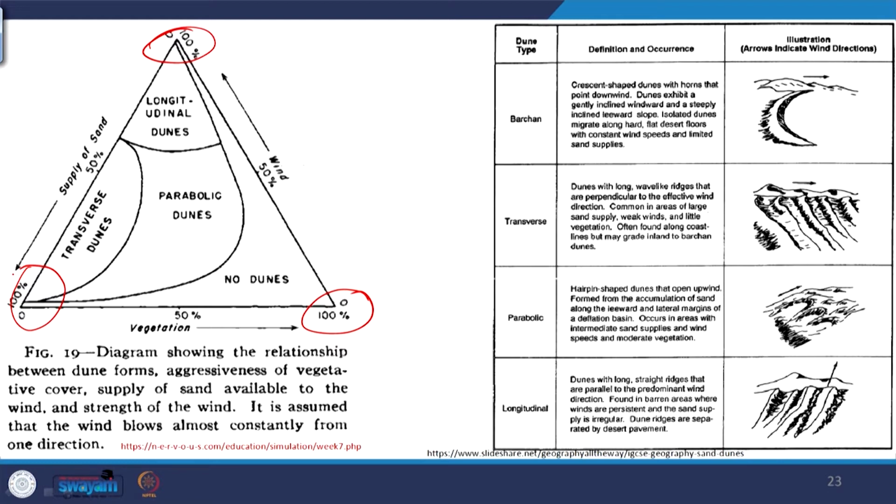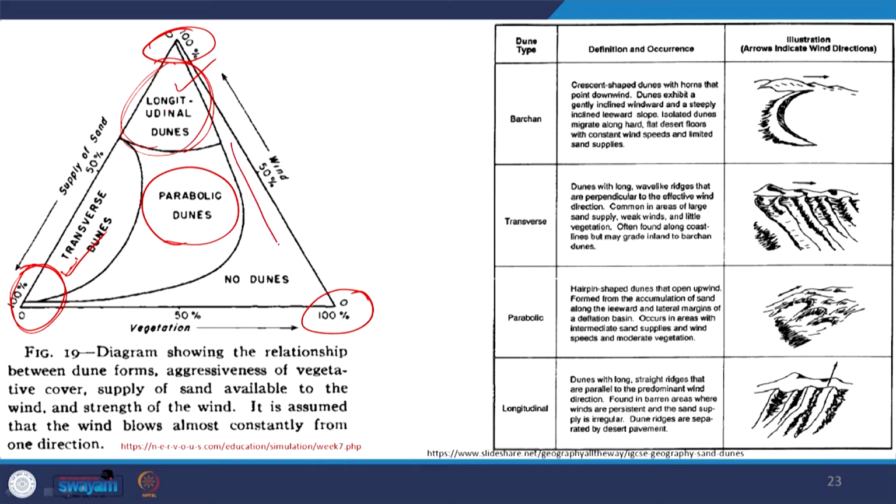Now, you see if we are confining ourselves to these two parts, here we are getting transverse dunes, where there is maximum, massive sand supply. Where the wind is 100%, we are creating longitudinal dunes. Here we are getting transverse dunes and in this portion we are getting parabolic dunes.